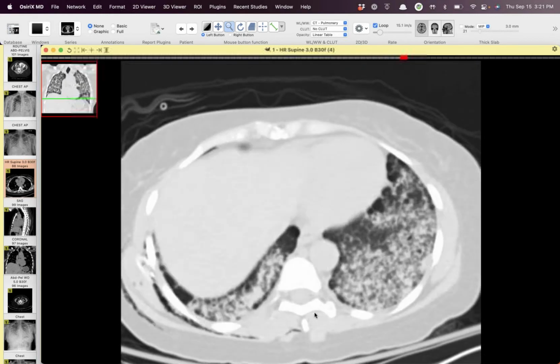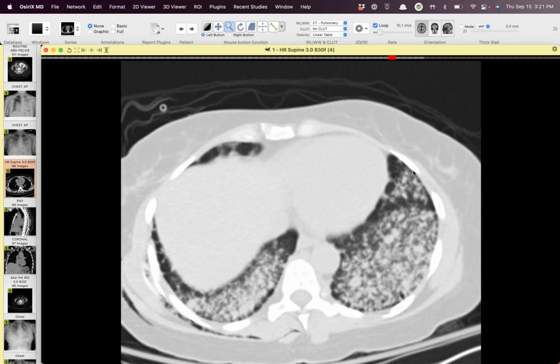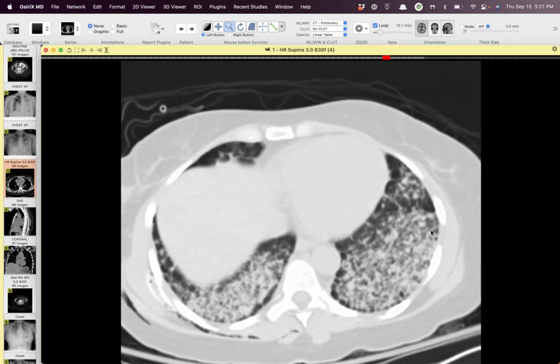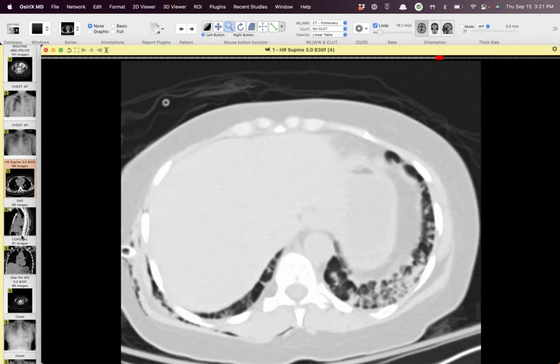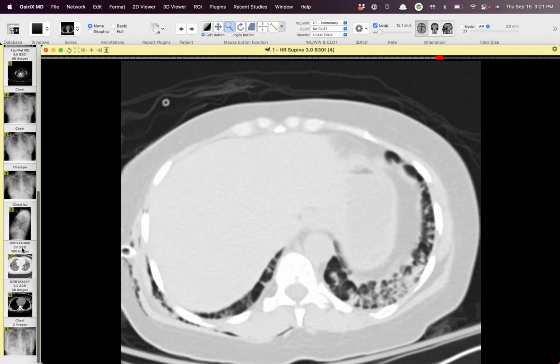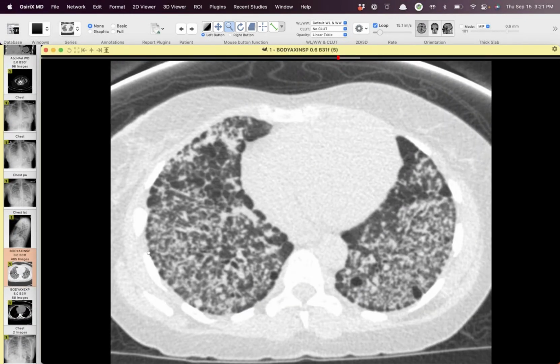There's so many, you'd say probably that they're random in distribution. I don't know if this is a little bit of paraseptal emphysema or paracicatricial emphysema along the subpleural spaces, or fibrosis, just because of the extent of everything else in her lungs. But that was one CT.